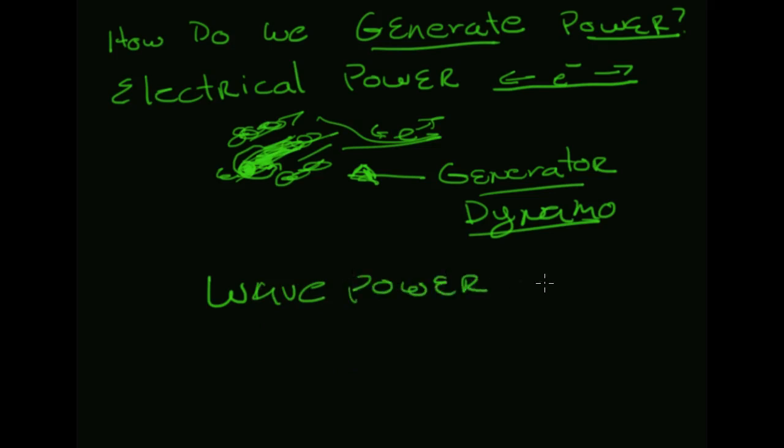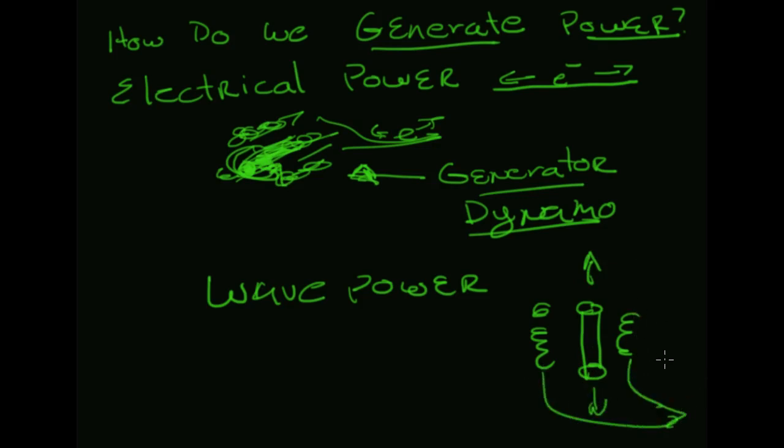And usually when you do wave power, you have the coils and you have the metal rod going through it exactly like you do with the dynamo, but instead of spinning the metal rod like you do with a generator, you make it go up and down, which leads to the electric current. So this is all powered by some sort of electromagnetic reality.